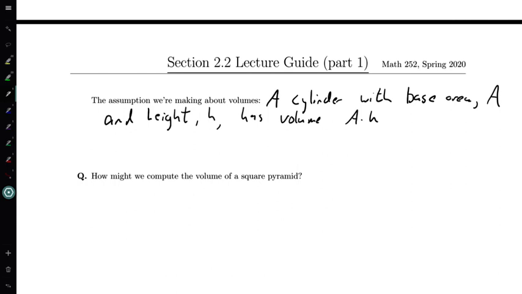In other words, when we take a cylinder, we're just going to take the area of its base, and the base is a two-dimensional region by the definition of what a cylinder is.